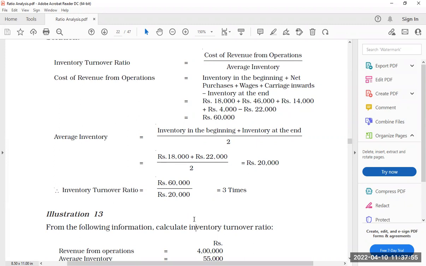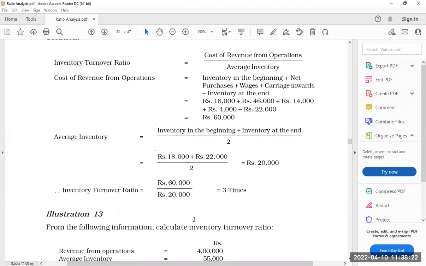Okay. So what is the basic understanding? The other way of telling it is, my stock is turning over only 3 times in a year as sales.